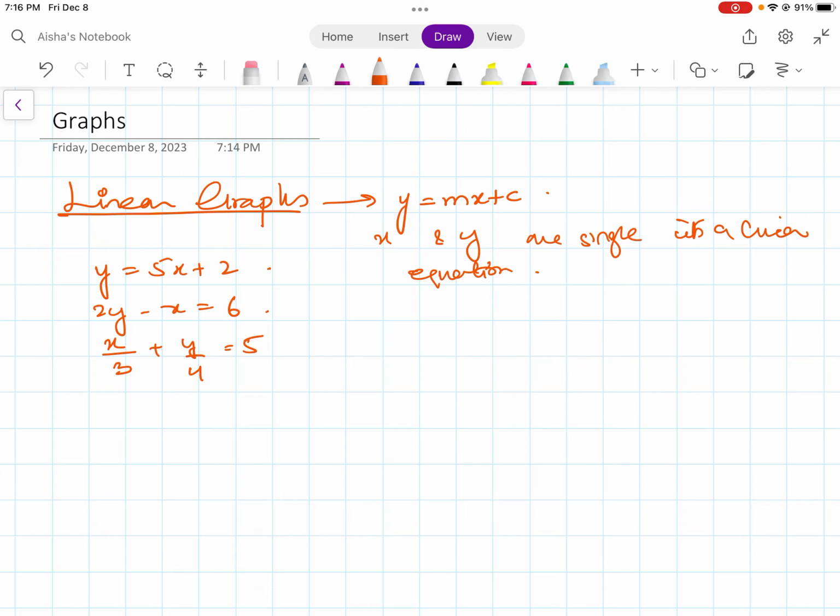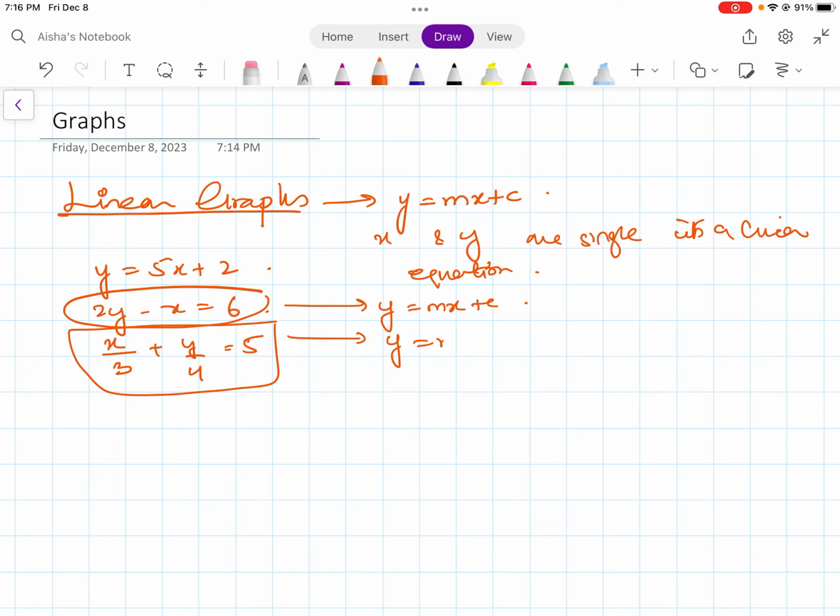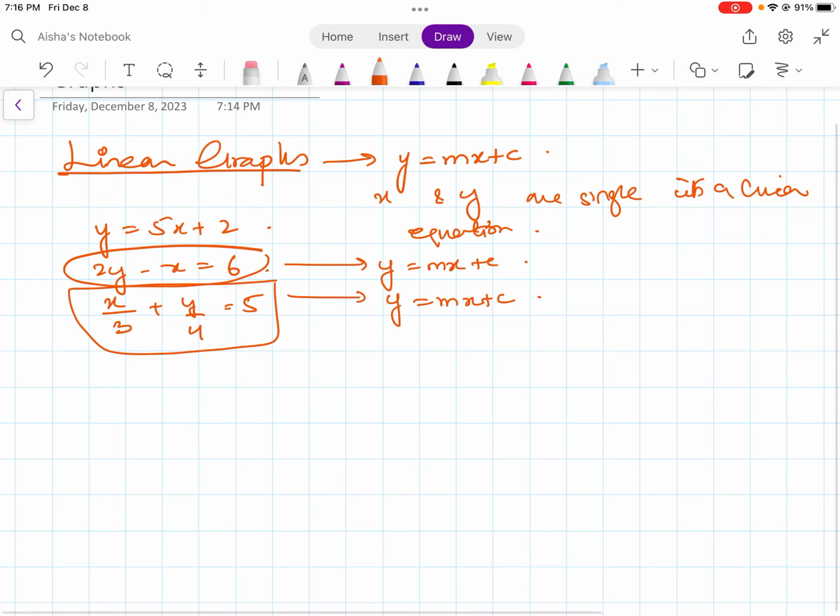And in a linear equation, what you can do is turn it into y equals mx plus c format. How? If you talk about 2y minus x equals 6.